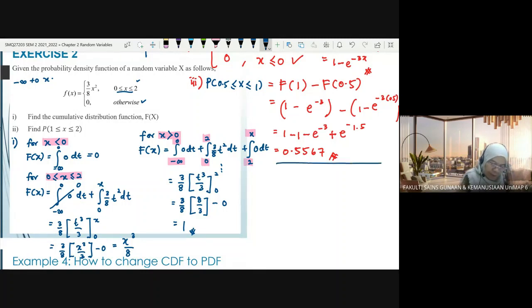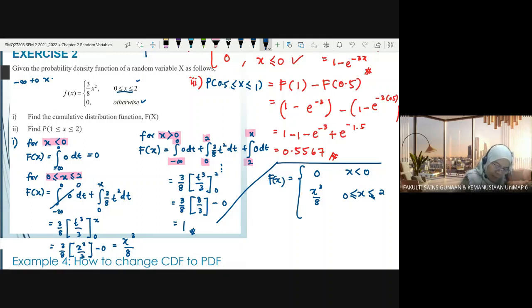So class, please know the boundary. So the Fx is given by 3 terms. One is 0, which applies for x less than 0. Second is x cubed over 8, which applies for x between 0 and 2.